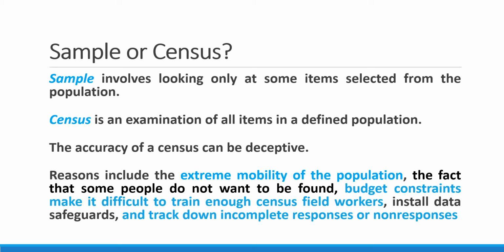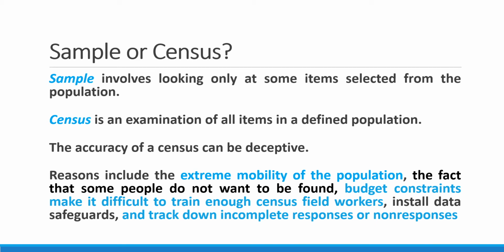But census is an examination of all items in a defined population. If we are collecting data about all items included in our population, in this case we are conducting a census.